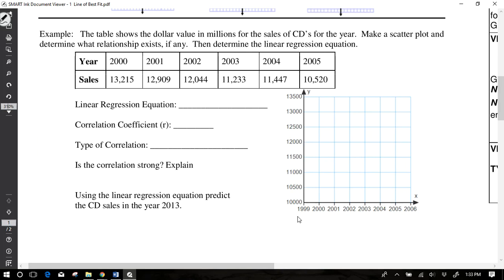So 2000 is up around 13 and a little more.